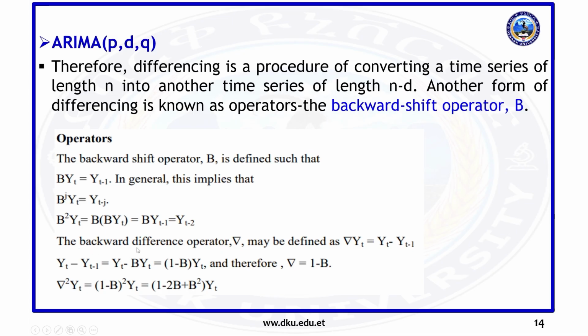When you come to the backward difference operator, it is defined as the backward difference of Yt equal to Yt minus Yt minus 1. That means the current observation minus the previous observation.